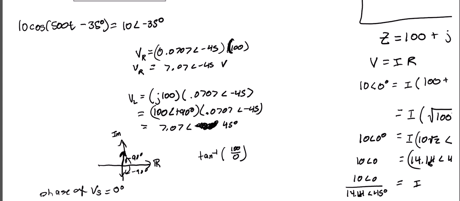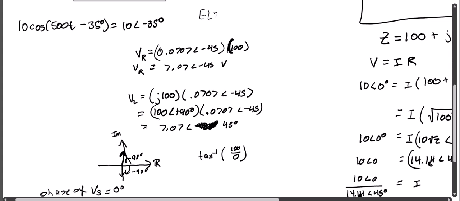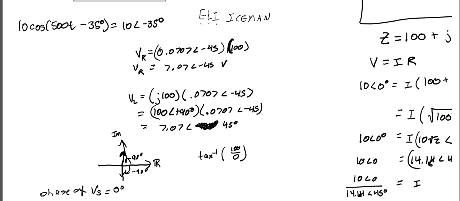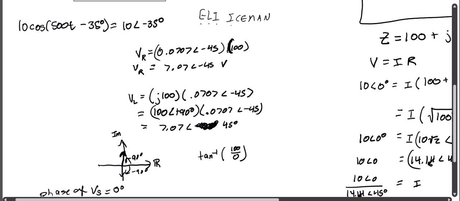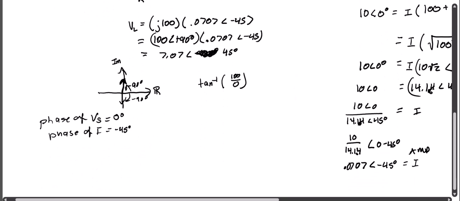Voltage leads current in inductors, and in capacitors current leads voltage. Say that again: inductors, current lags voltage; capacitors, current leads voltage. Correct.